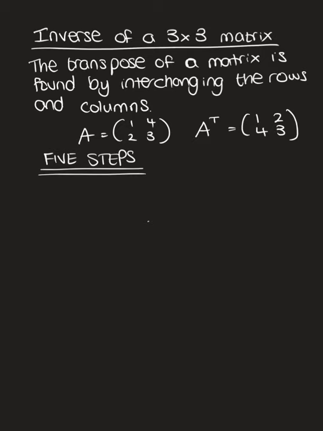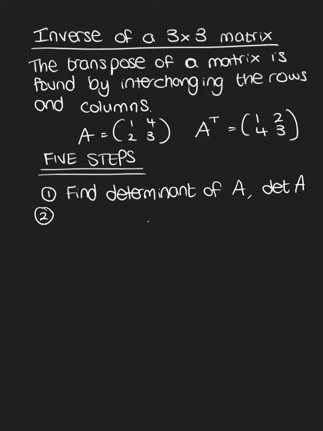So step number 1 is to find the determinant of, let's say we're going to find the inverse of matrix A, so we call that det A, the determinant of A.